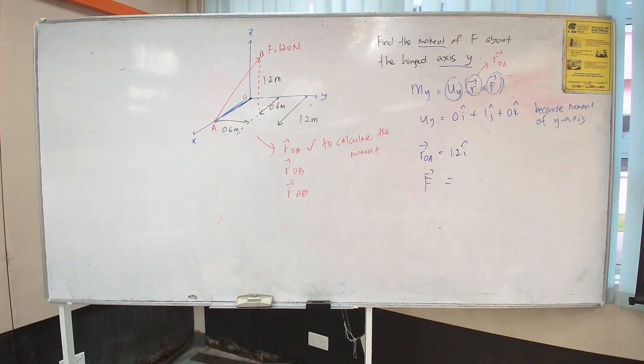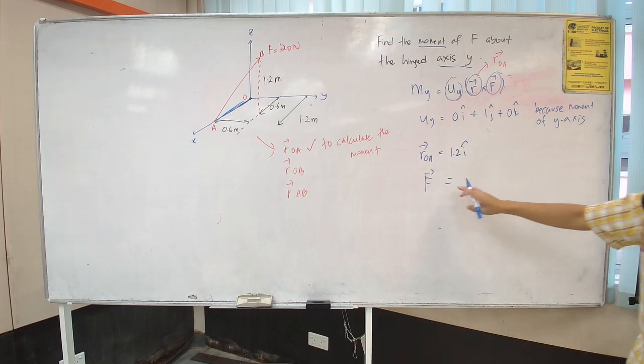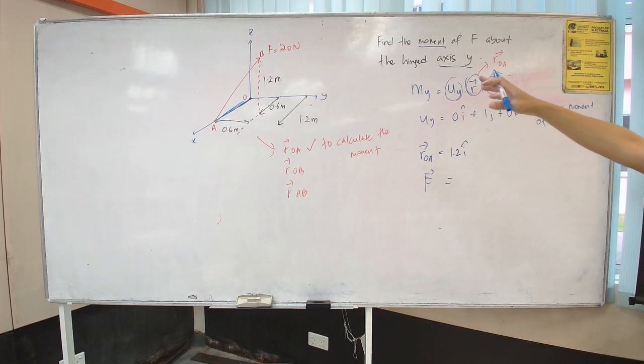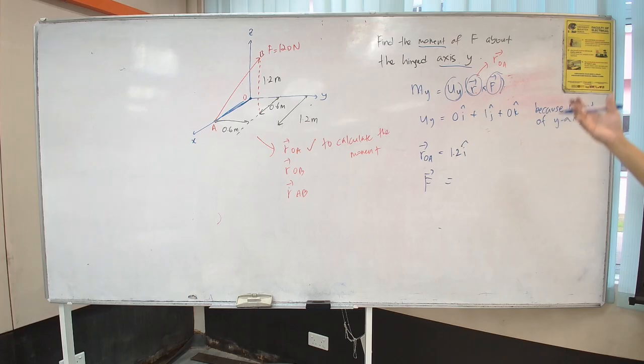For the F, is 120 Newton in scalar or in vector form? Scalar form, 120 Newton. So now we want to convert the scalar to vector: Fx, Fy, and Fz.